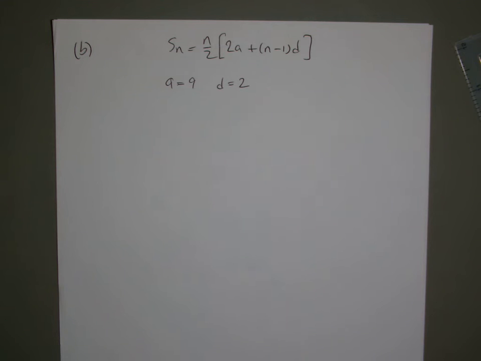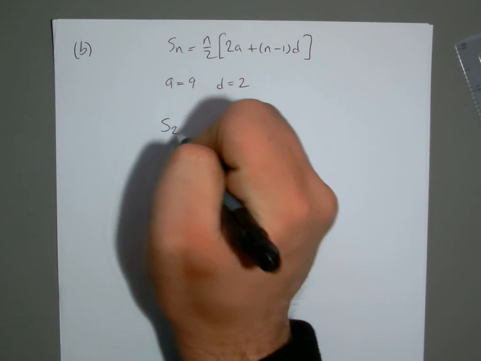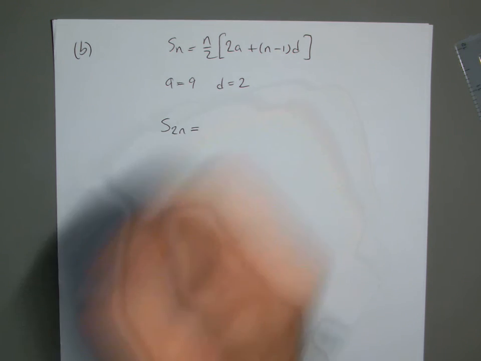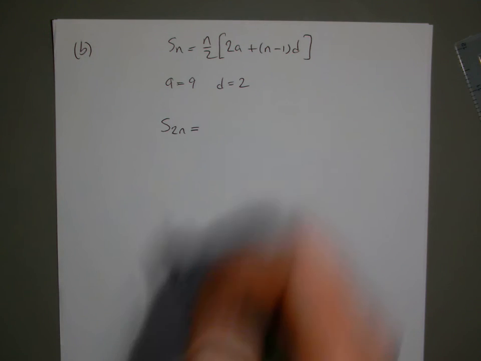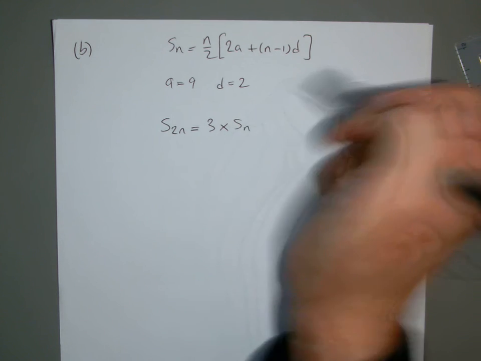Then it says the sum of the first 2n terms of this arithmetic series is 3 times the sum of the first n terms of this series. So in other words, the sum of the first 2n terms is 3 times the sum of the first n terms.